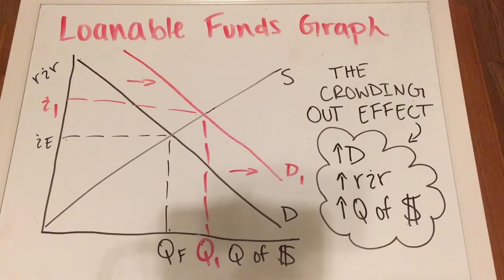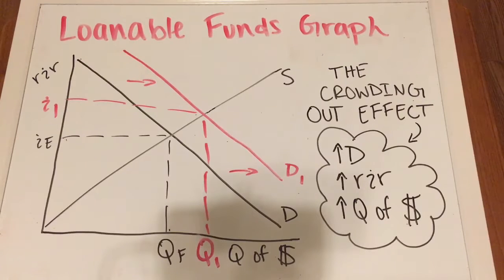Okay, so this is how the crowding out effect looks on the loanable funds graph. Now I will explain why the crowding out effect looks this way on the graph. Keep in mind that when crowding out happens, it's during expansionary fiscal policy. So when the government runs expansionary fiscal policy, an increase in government spending and a decrease in taxes to grow their economy, this causes them to have a budget deficit because they're increasing government spending.